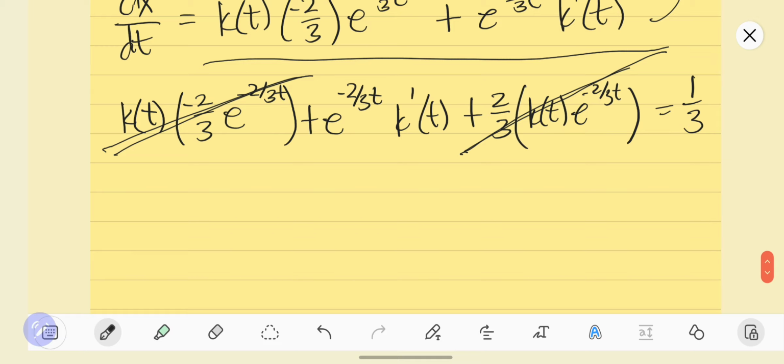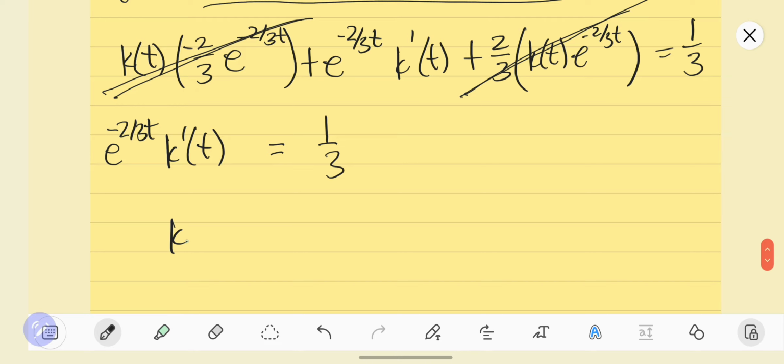So now your equation becomes k prime of t times e to the negative 2/3 t is equal to 1/3. So trying to manipulate this, k prime of t is equal to 1/3 e to the 2/3 t.